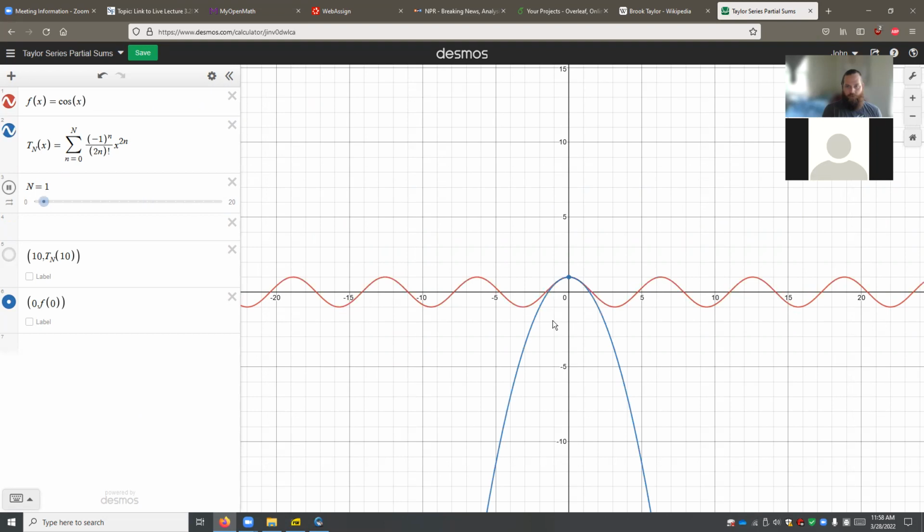So these blue things, these are polynomials. And as the polynomials get bigger and bigger, we take more and more terms. I'm forcing the shape to be perfect at this point. And forcing the shape to be perfect at this point makes the blue stick to the red further and further out. I think it's quite lovely.